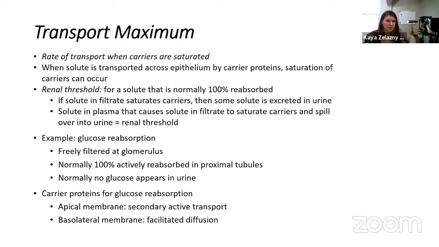The transport maximum just refers to the fact that there's a certain rate of transport at which all carriers, all of the proteins for that specific molecule, are saturated or full. And therefore, even if we have more of that molecule in our filtrate moving through the nephron, we won't be able to move more across that epithelium because we don't have enough carriers.